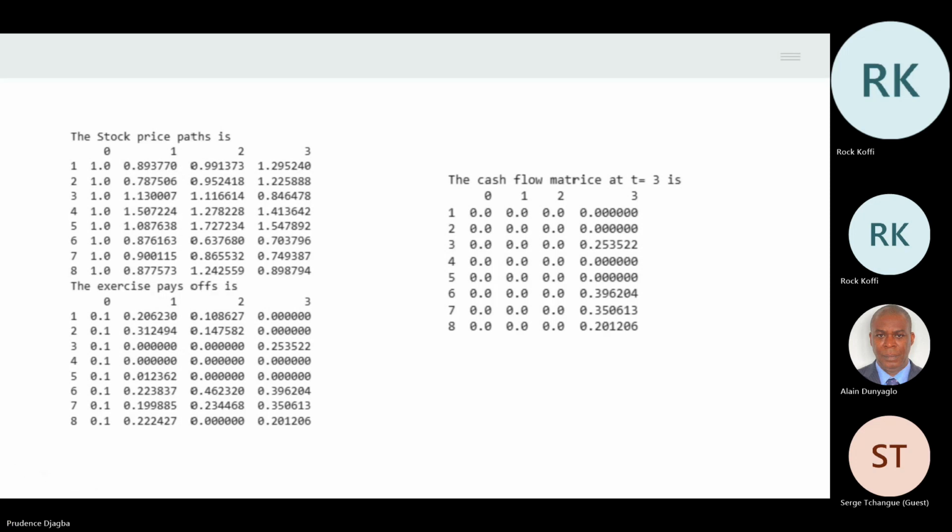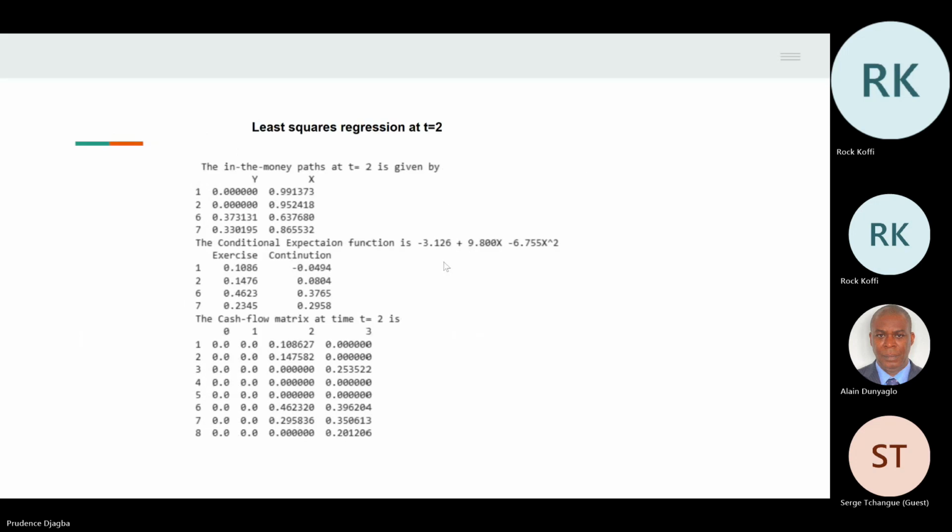Expected value at time t equal to 3, conditioned on the stock price at t equal to 2, which is what we got from this first matrices. So the y here contains the value of the discounted payoff at time t equal to 3.